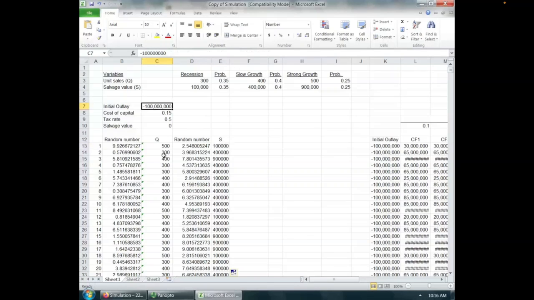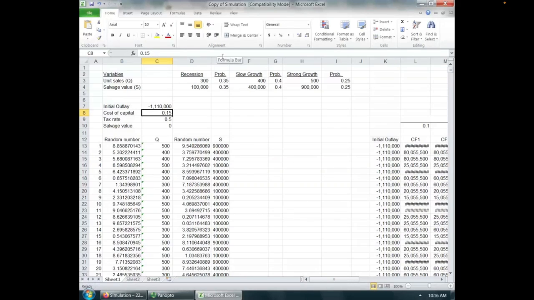Let's also make some adjustments here. Our initial investment is $1.11 million. For the cost of capital, you will calculate the weighted average cost of capital in part 1 of the case, and we'll use the correct number.